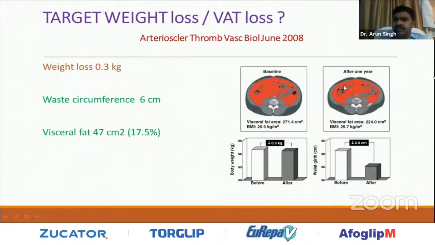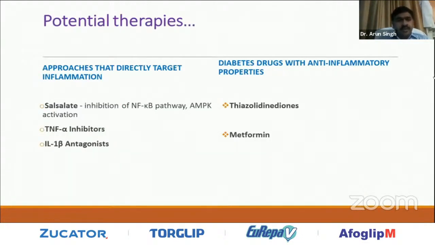And we all know the importance of visceral fat reduction in reducing the risk of metabolic abnormalities and CVD risk. So that is the question to be answered. Should we be targeting weight loss or fat loss? Should we be targeting waist or weight?